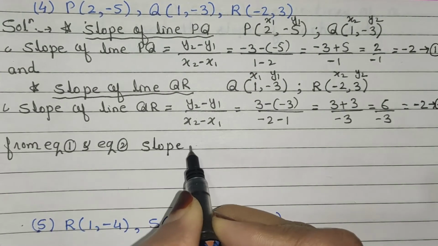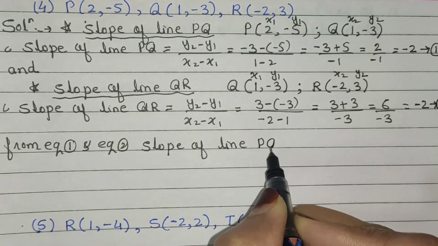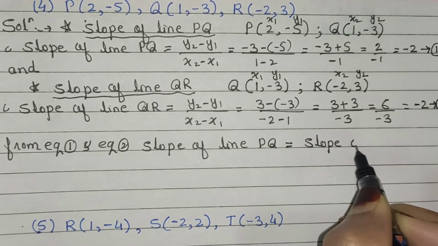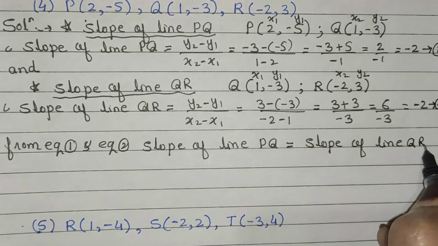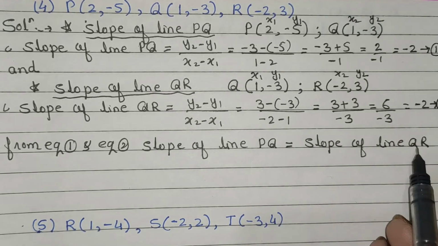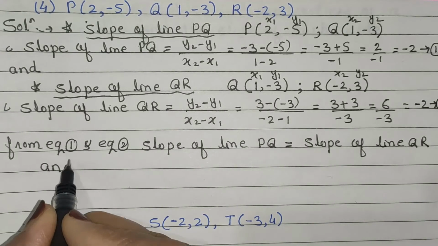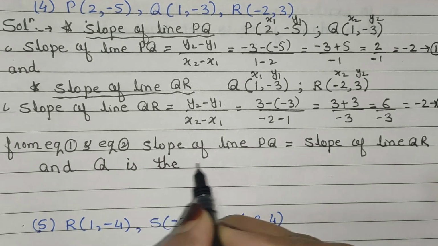Write down here, slope of line PQ is equal to slope of line QR. Now look here, point Q is common point and Q is the common point.